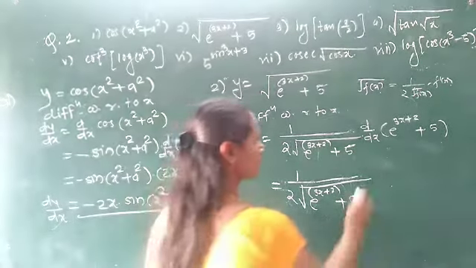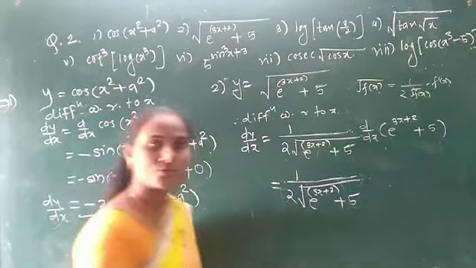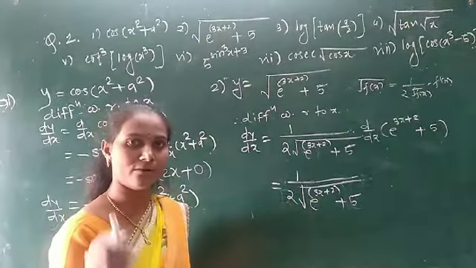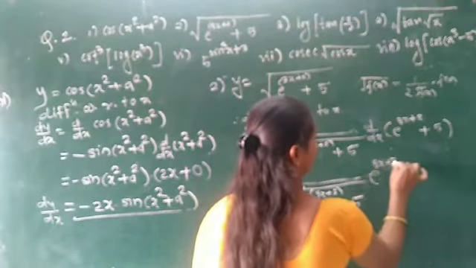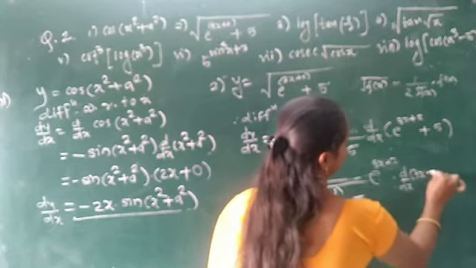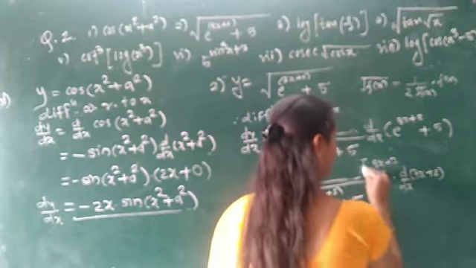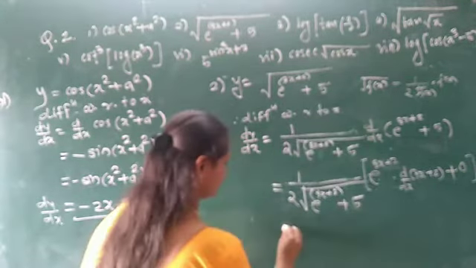So 1 upon 2 root e raised to 3x plus 2 plus 5, into the derivative of this term, which is in the form of e raised to f of x. What is the derivative of e raised to f of x? e raised to f into f dash. So write this term again as it is and take the derivative of 3x plus 2 plus 5; the derivative of 5 is 0.